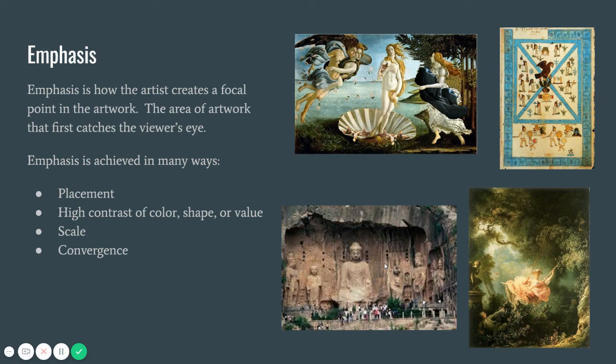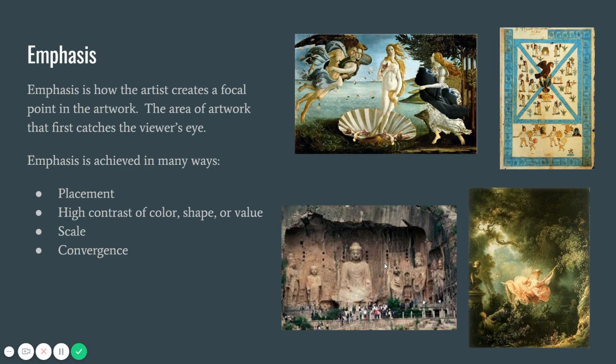Emphasis is how the artist can create a focal point in the artwork, and how the artist can create an area of artwork that catches that viewer's eye. Okay, emphasis can be achieved in many ways.